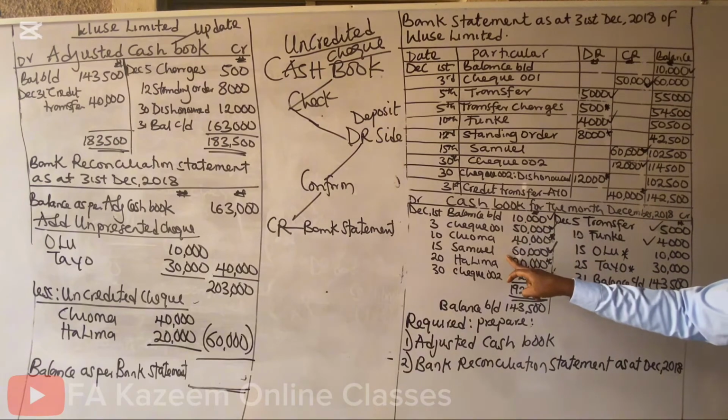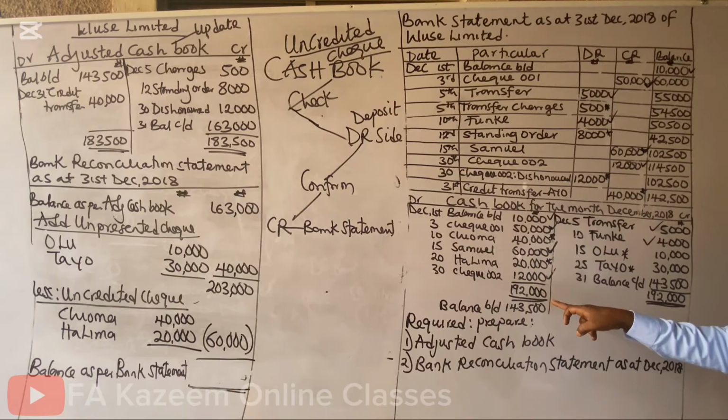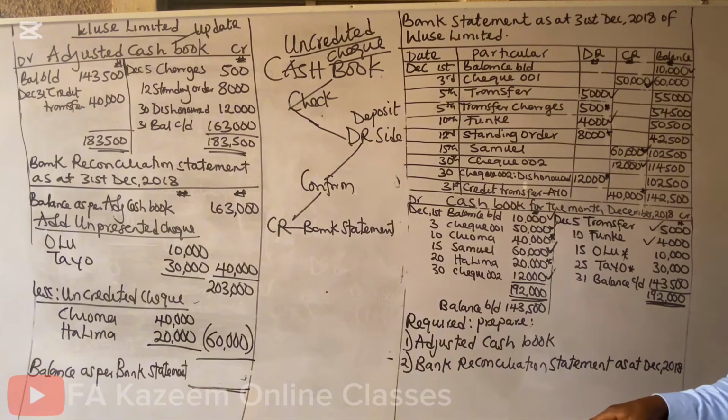10 plus this, plus this, plus this, plus this, plus this. We were not supposed to have 500 here. What do you have? Plus 12,000. 192. Add 5,000 plus 4,000, plus this 19. 19 plus 30.